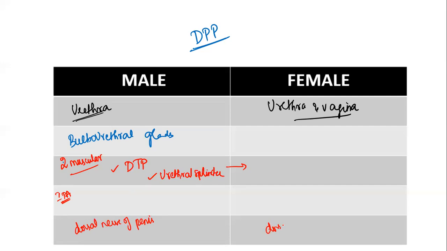And here you will have dorsal nerve of clitoris. So your deep artery of penis, dorsal artery of penis, dorsal nerve of penis are the contents of male deep perineal pouch. Then the dorsal artery of clitoris, deep artery of clitoris, and the dorsal nerve of clitoris are contents of female deep perineal pouch.